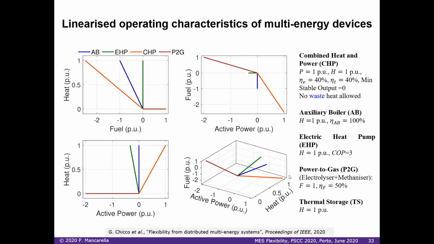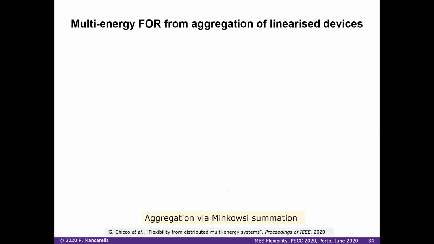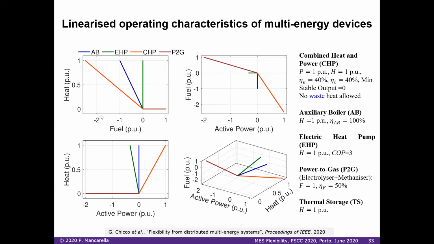But when I look at this kind of representation, I can now create the picture of my energy hub by using Minkowski summation. So I start basically from this very simple linear representation of these different components in these spaces.